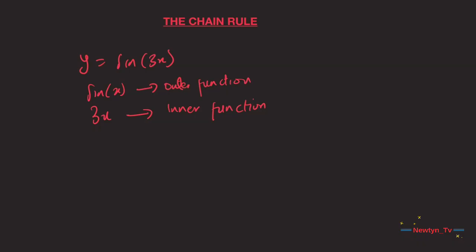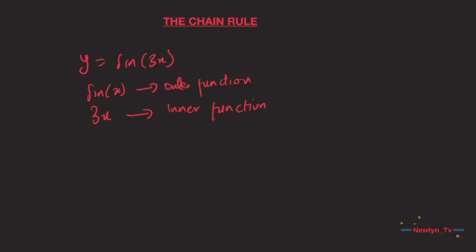It's like saying if y changes when u changes, and u changes when x changes, then y must also change when x changes. It's a little bit complicated, so let me go over it again. What I'm saying is that if y changes when u changes and u changes when x changes, then y must also change when x changes.